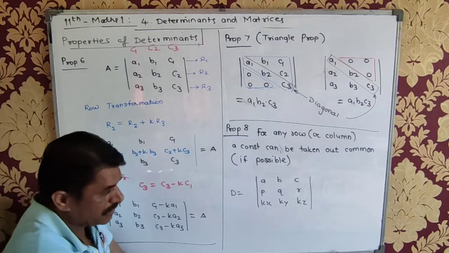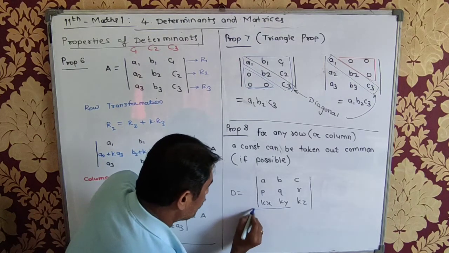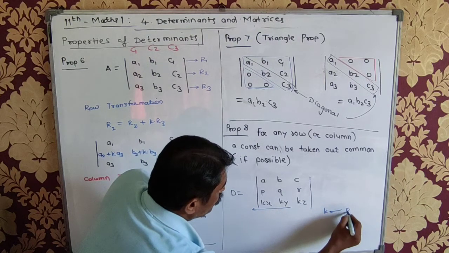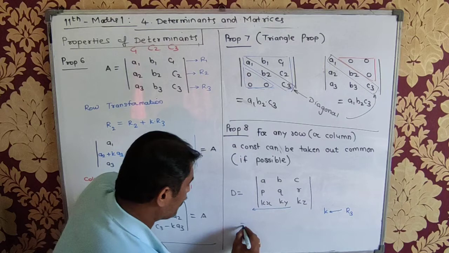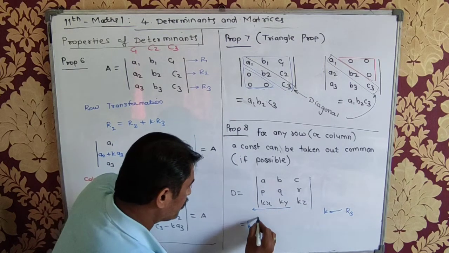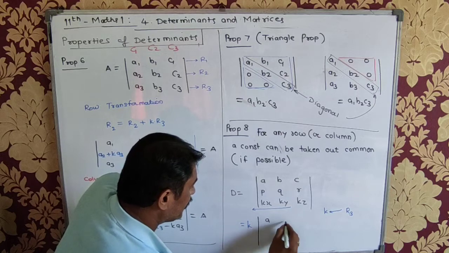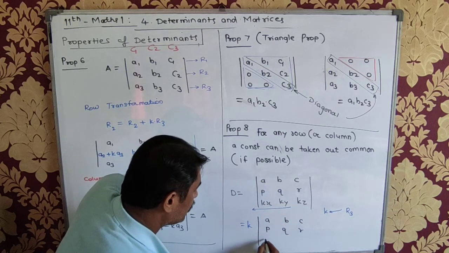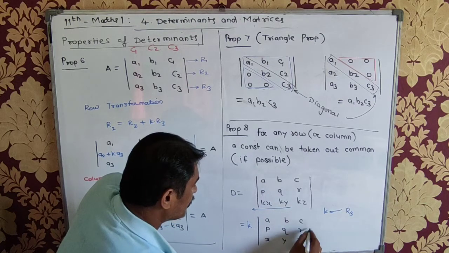Yes. I can take out this constant K. So K is taken out common from row 3, and that K comes outside. So this becomes A, B, C, P, Q, R, X, Y, Z.